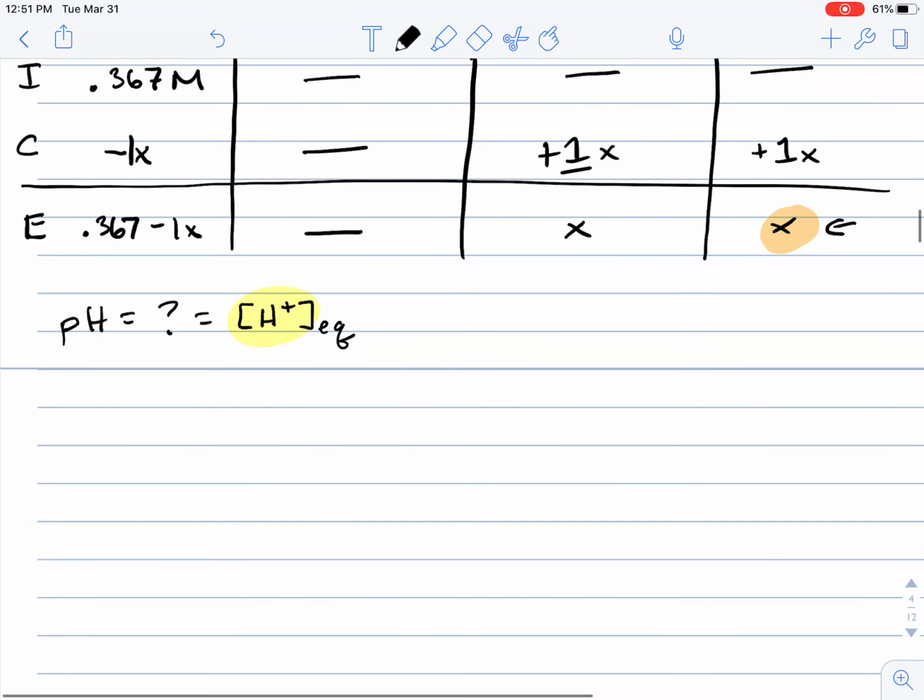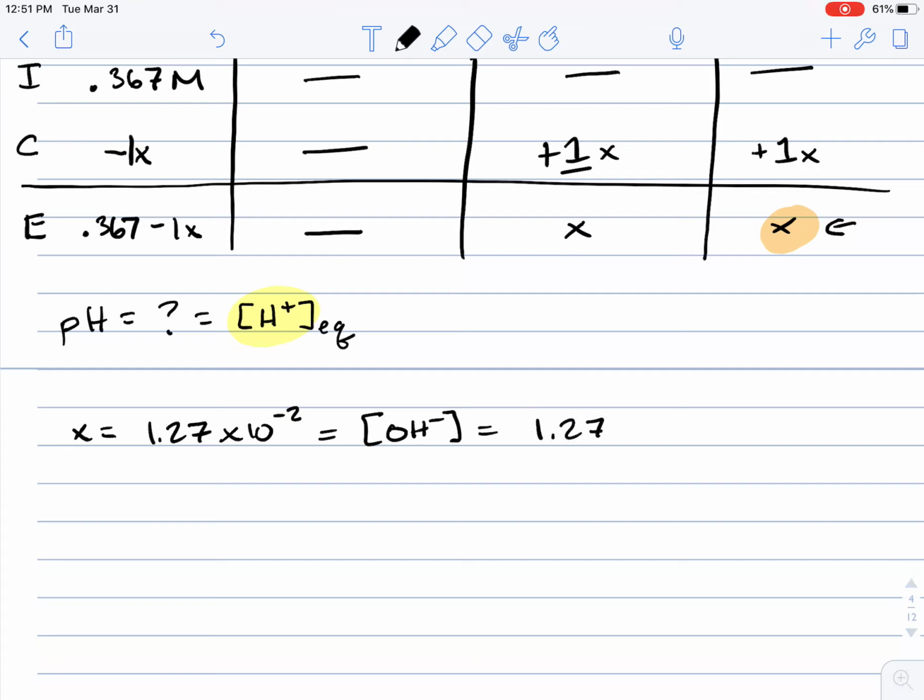And so for now, since X is equal to 1.27 times 10 to the negative 2, that's going to equal the concentration of OH minus. So the concentration of OH minus is 1.27 times 10 to the negative 2 molar.